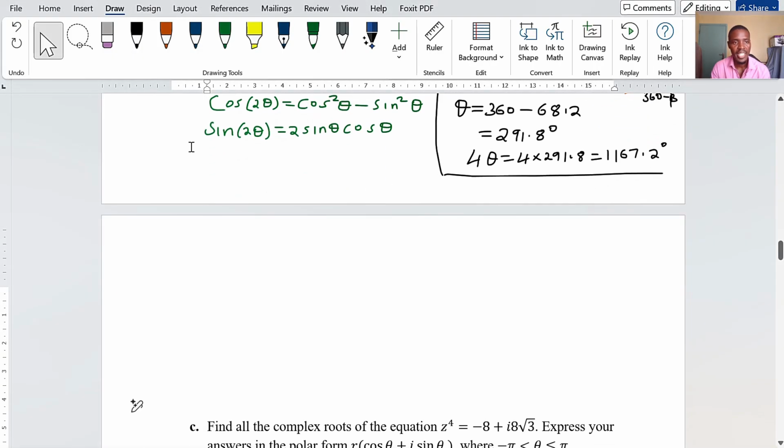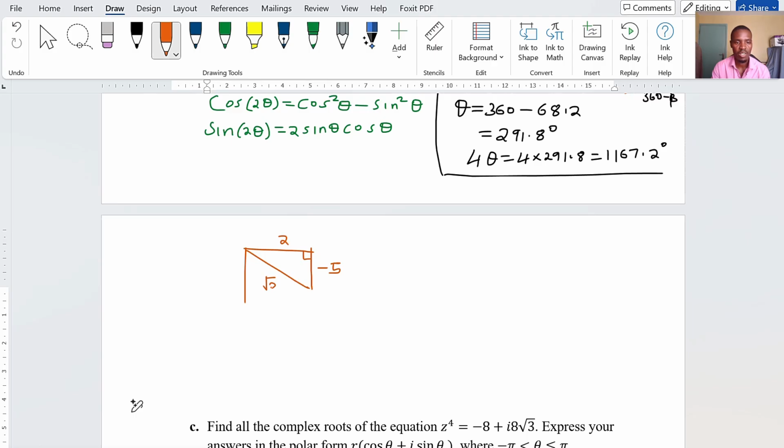So let's have our triangle. Our triangle was this way, and it had that and this. I'll just use the same thing. So we want to see, why do we have 841? This is -5, if you remember, and this is 2, and this is root 29.